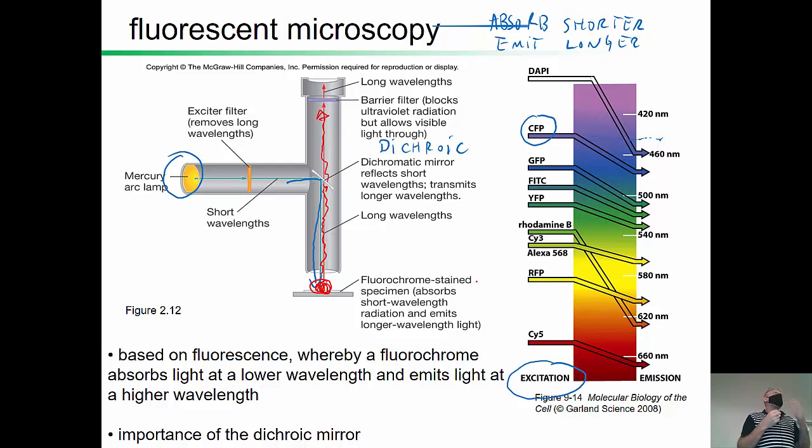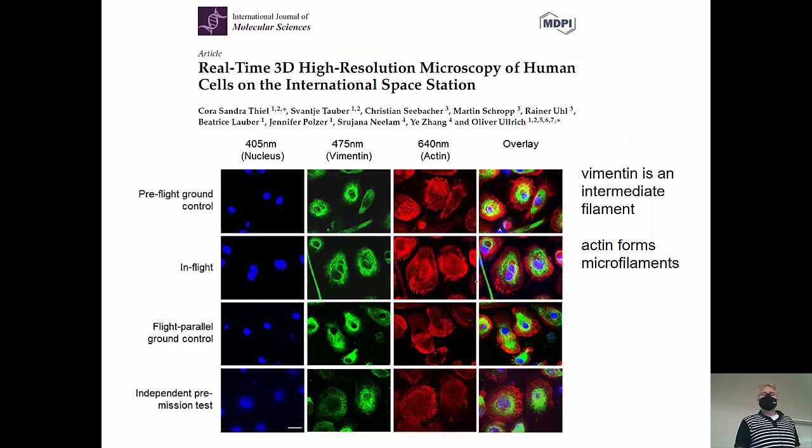So this is an incredible tool for cell biology, and you'll see this used a lot, and here are some nice examples. So what we're looking at in this particular example, and I just picked this one because it was done on the International Space Station, which is sort of neat that they're doing this up there. In this particular example, they're looking at 3 different fluorescent markers.